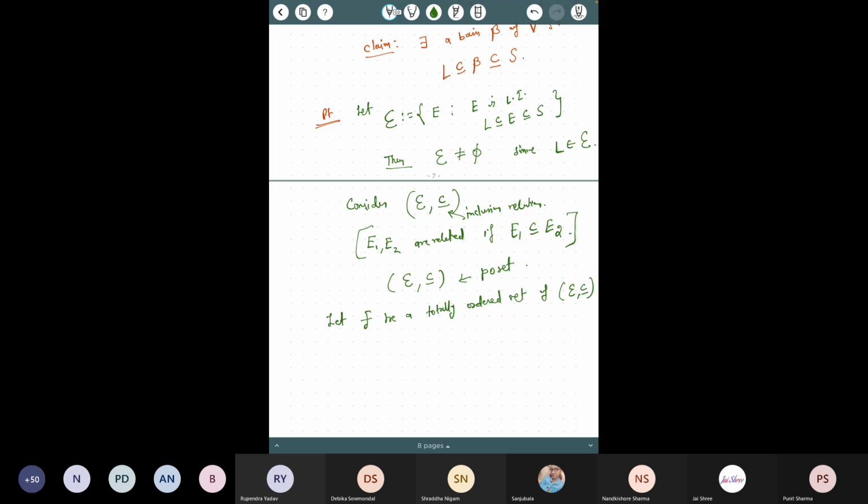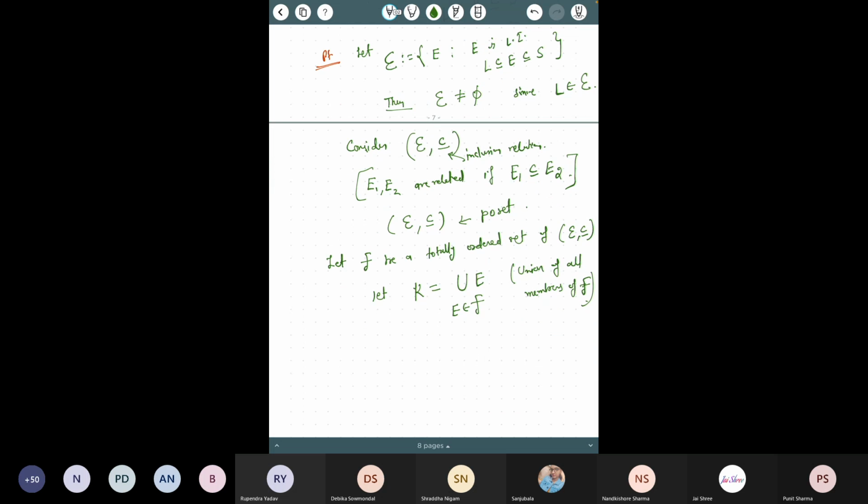So let K be the union of all elements in F. This is the union of all members of F. The members of F are sets, so you just take the union of all these sets.